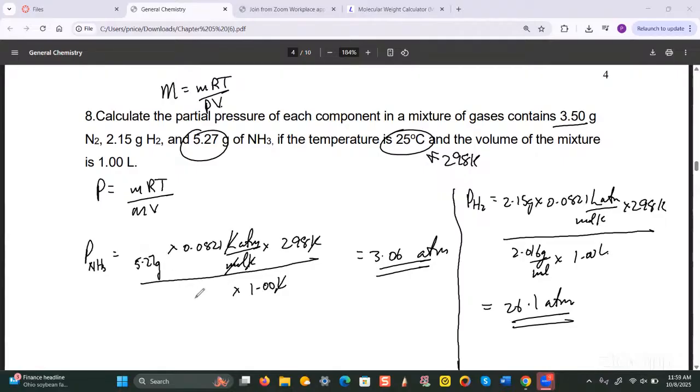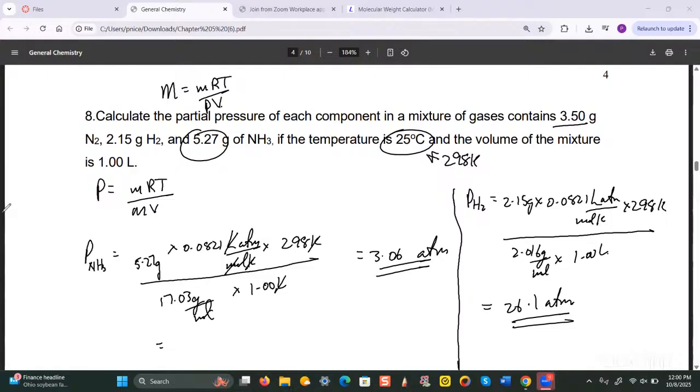And then down here, I'm going to put the molar mass of ammonia, which is, let me do a quick calculation here, 3 times 1.008, and then plus 14.01. So in the case of ammonia, the molar mass is 17.03 grams per mole. So that's the setup.